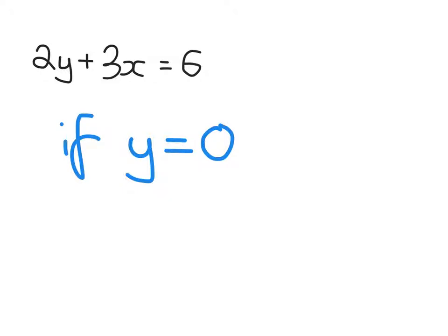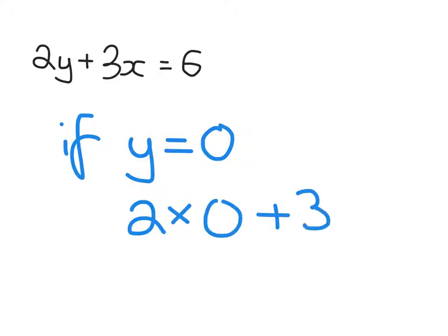We've got 2 times 0 plus 3x equals 6. Because I've substituted this value of y, y is 0, into my equation.